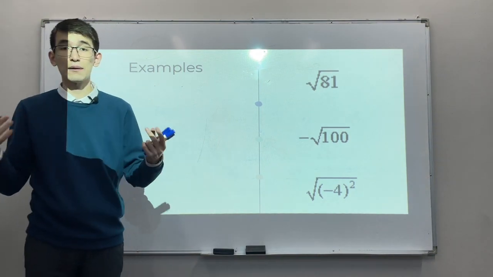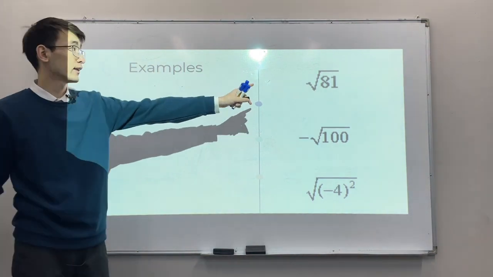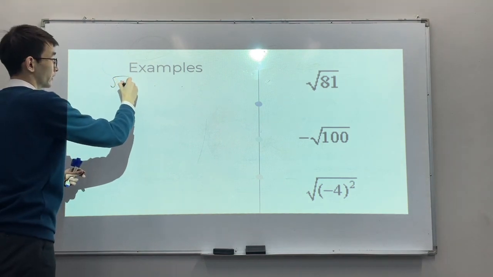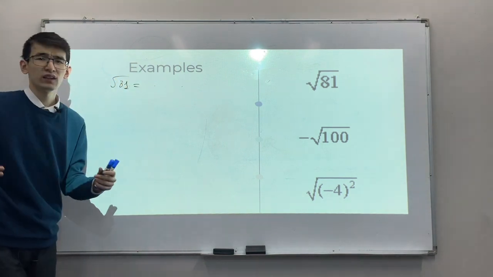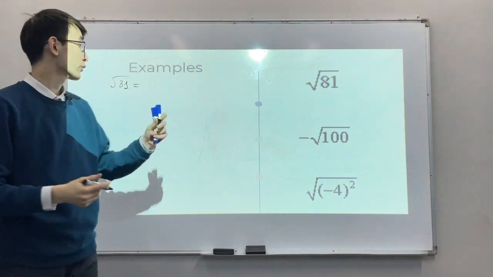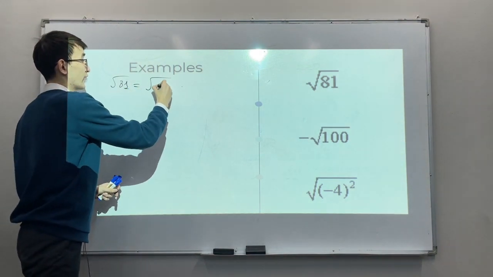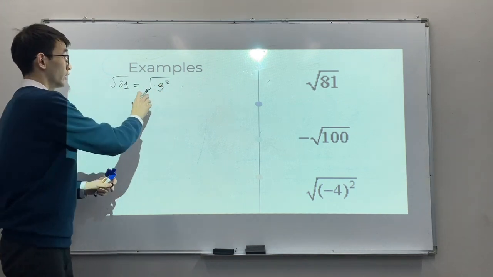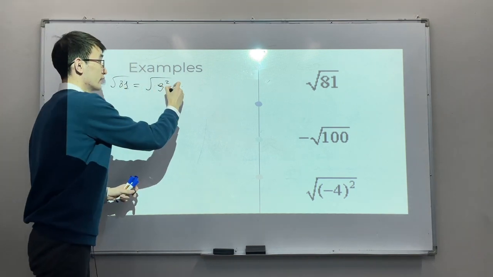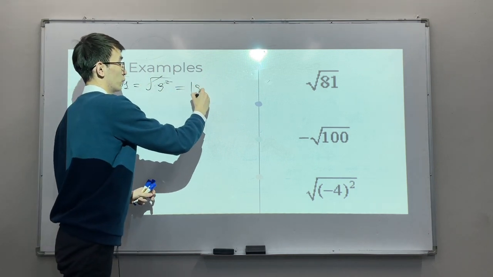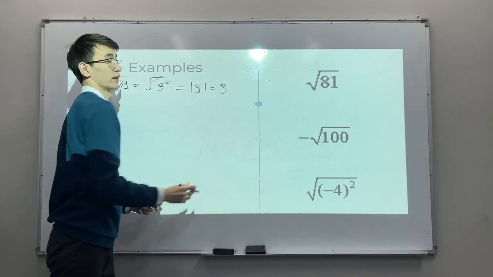Let's solve some examples. The first one, as you see, is the square root of 81. Which number do you have to square to get 81? It's 9 squared. Square root of 9 squared, we can simplify and get modulus 9, which is just 9.